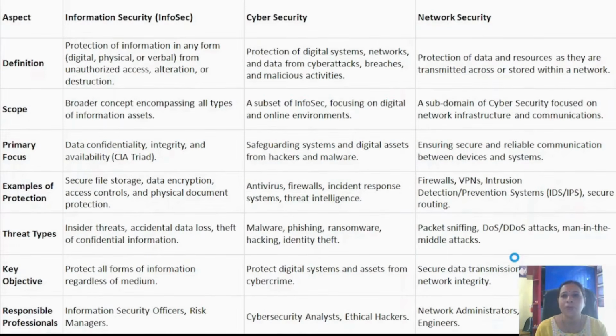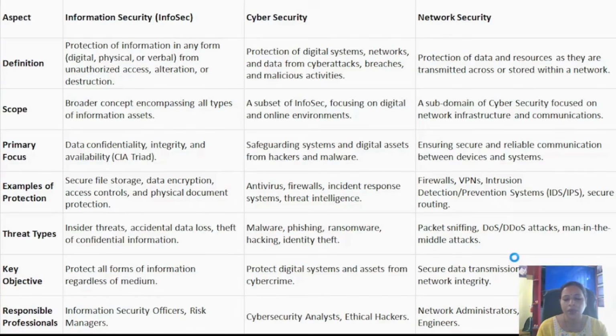Now let's discuss some differences between information security, cyber security and network security. As you see in the slides, there are lots of differences, but to summarize, I can tell you that information security is the broadest, covering all kinds of data protection, whether digital or physical, while cyber security falls within it, focusing on defending digital systems from cyber crime.